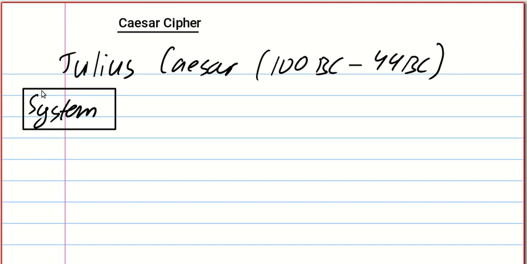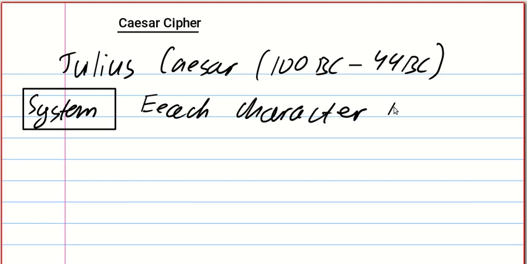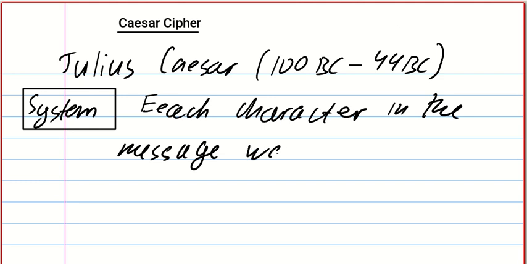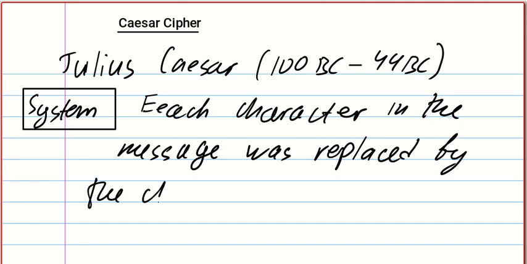His system is really easy. It just does the following. Each character in the message was replaced by the character which is 3 positions ahead in the alphabet.